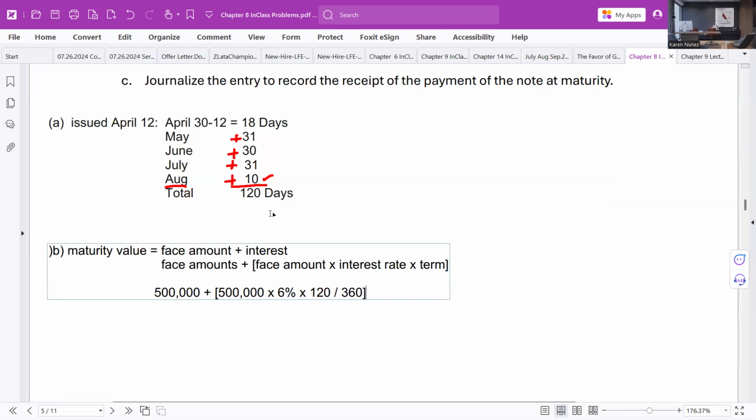And let's put that in brackets. That's our interest. So what do we have here? 500,000 plus $10,000, that's our maturity value, $510,000.